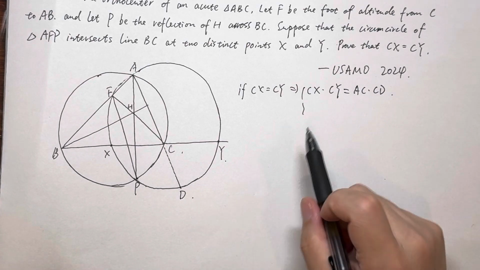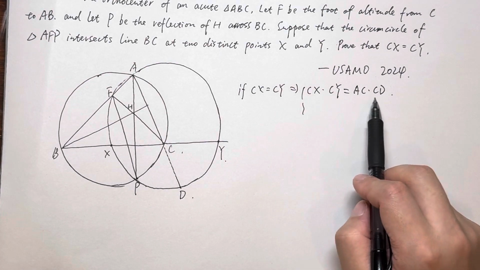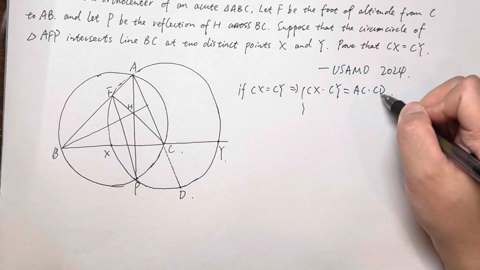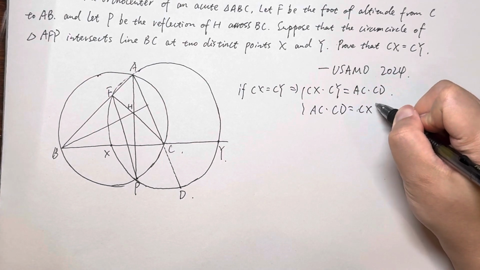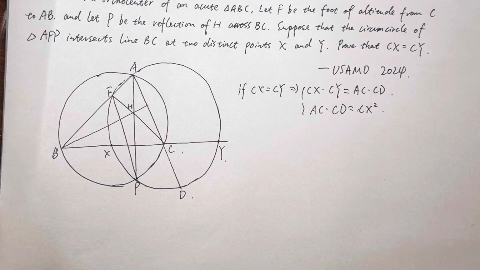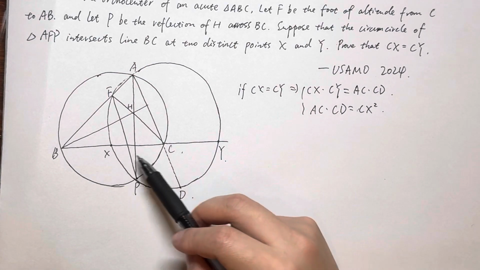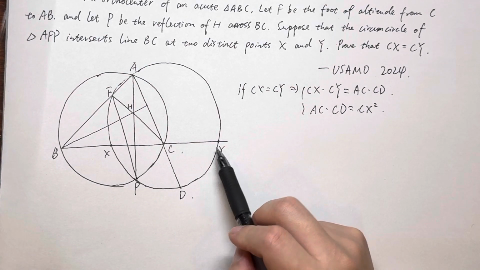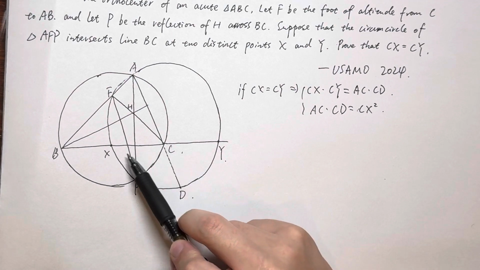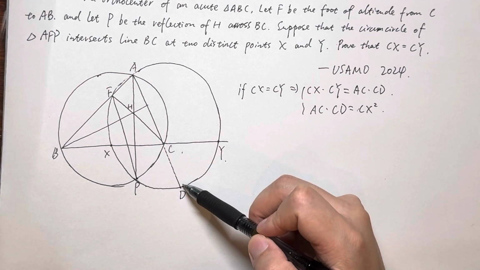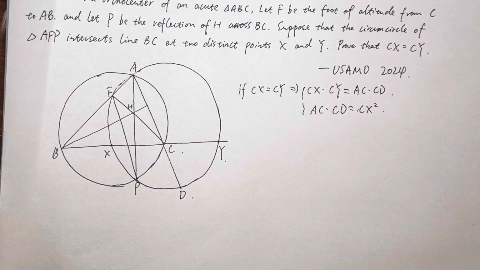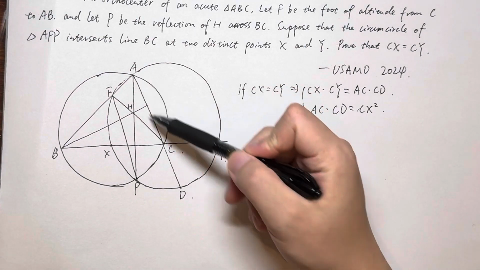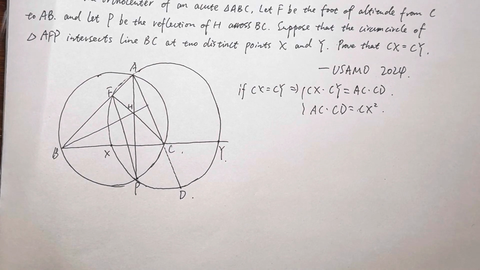So we just need to prove that AC times CD equals CX squared. But AC times CD is difficult to find, right?